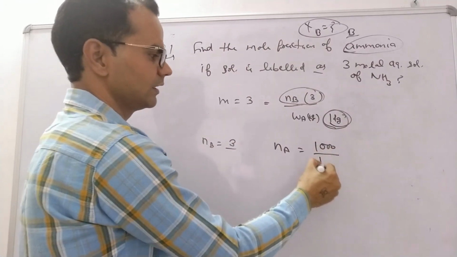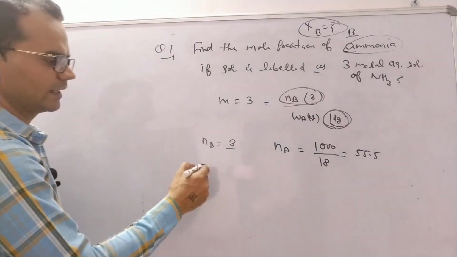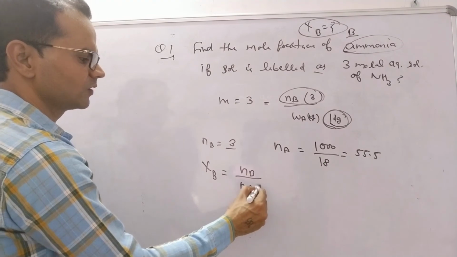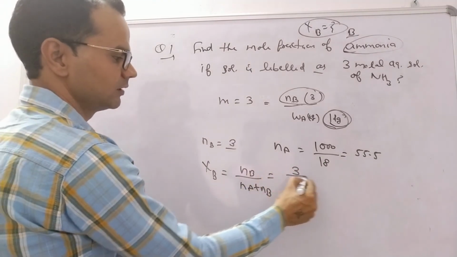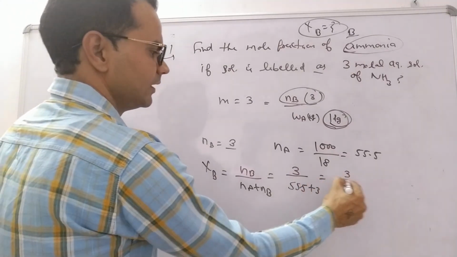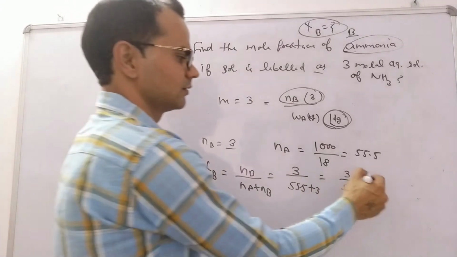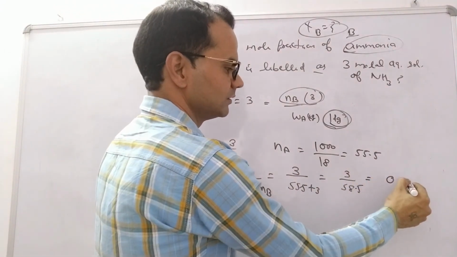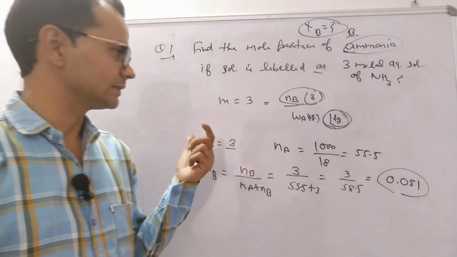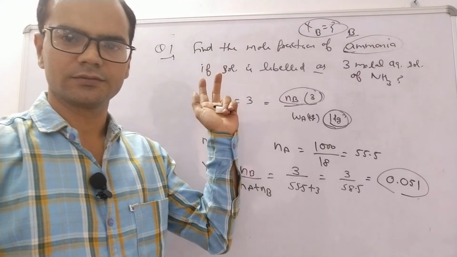Molecular weight of water again 18, so 55.5. Find out Xb, Nb by Na plus Nb: 3 divided by 55.5 plus 3, which is 58.5. Just solve it, the calculation will be easy. 0.051. So these kinds of numericals are related to molality and mole fraction. Easy?